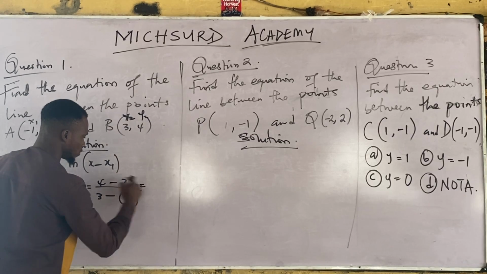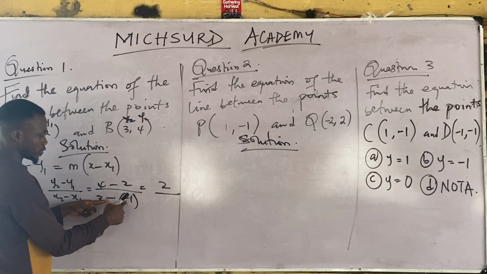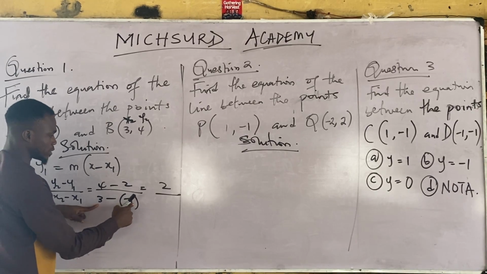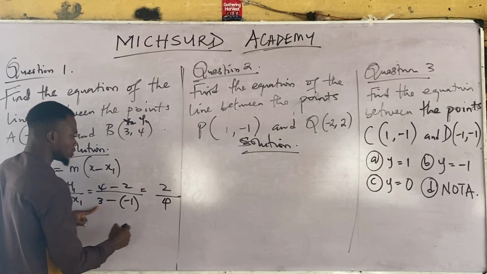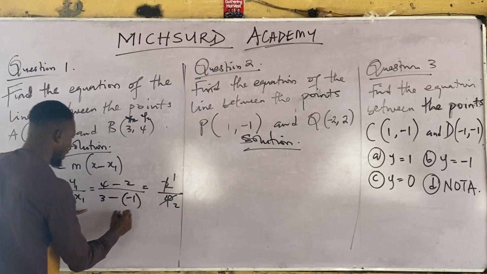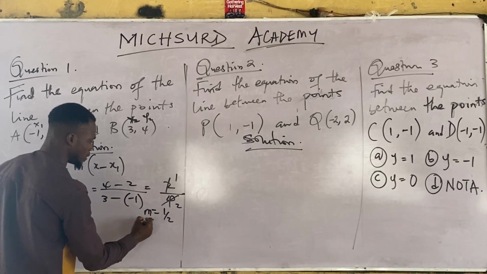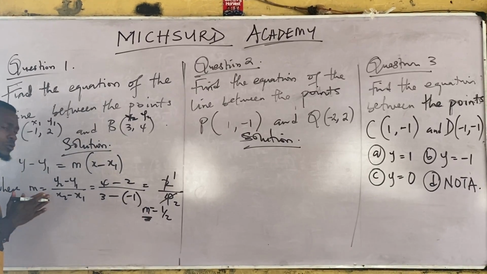So this will give us 4 minus 2 is 2, then 3 plus 1, which will give us 4. If you solve this, that means our m is equal to 1 over 2. So that's the slope. The slope is equal to 1 over 2.